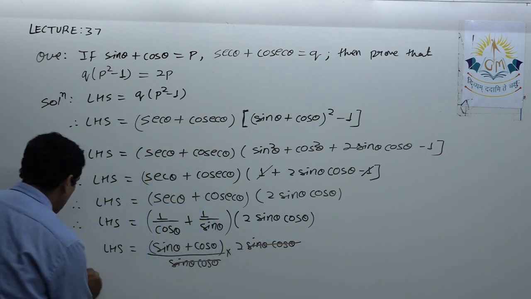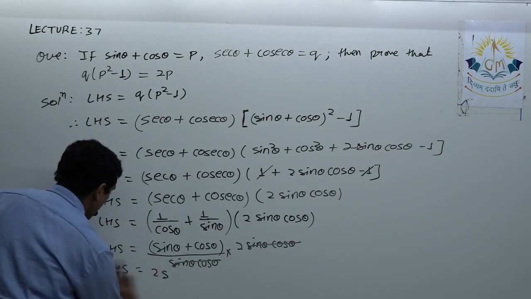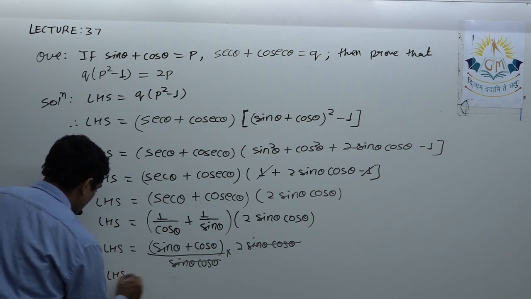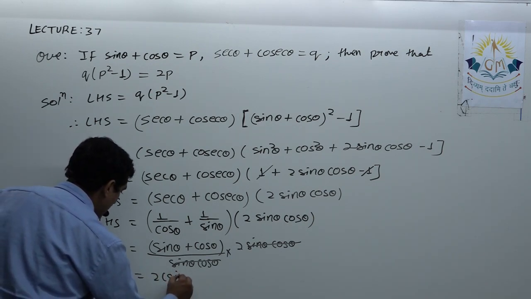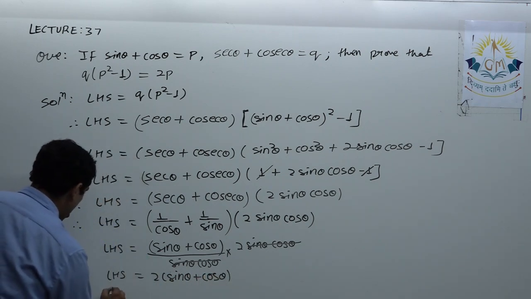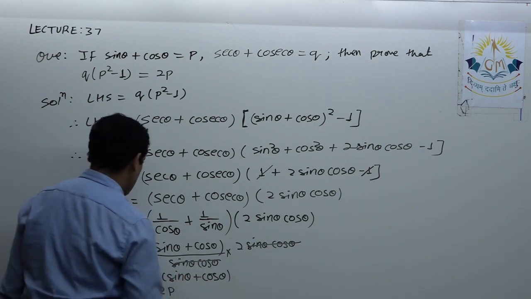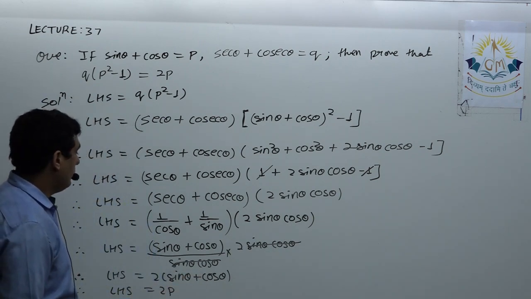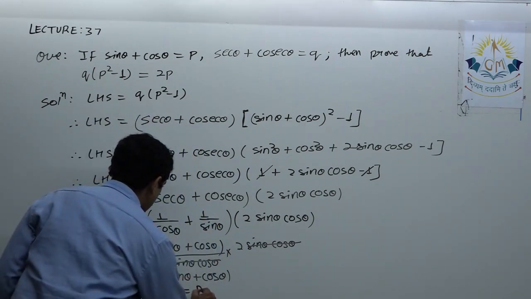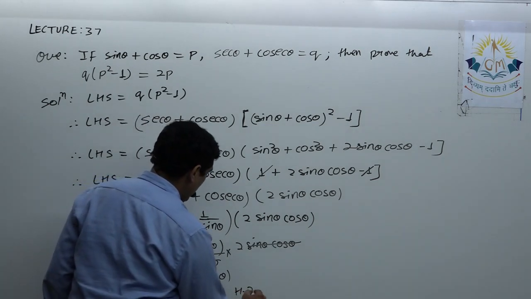So ultimately here I will get LHS is equal to 2 times sine theta plus cos theta, which is actually equal to twice of p, that is LHS is equal to RHS. So please note it down.